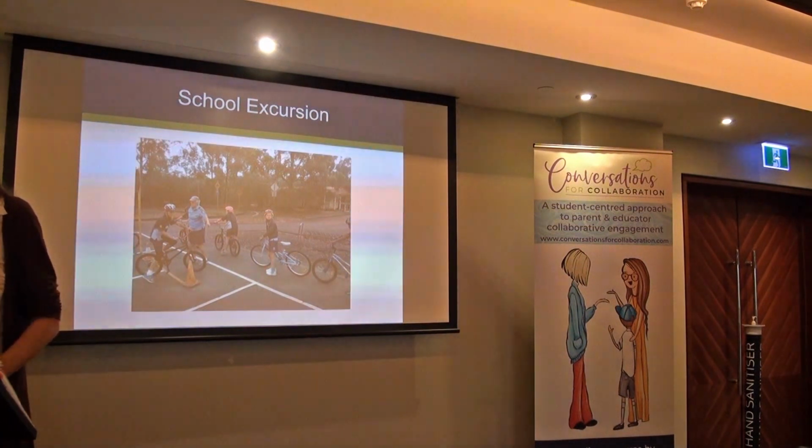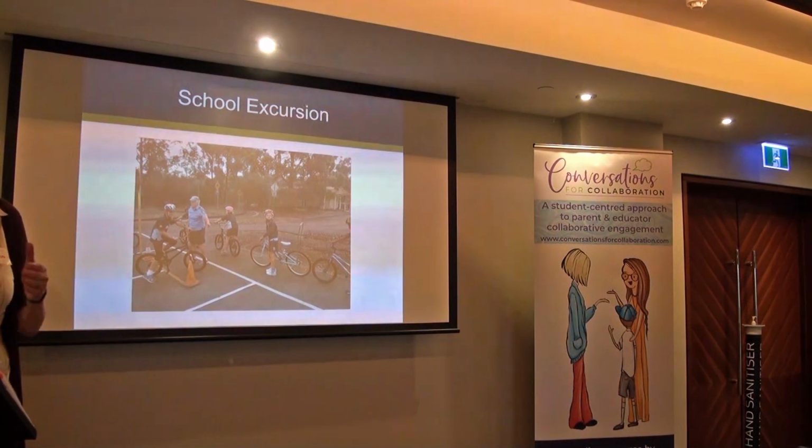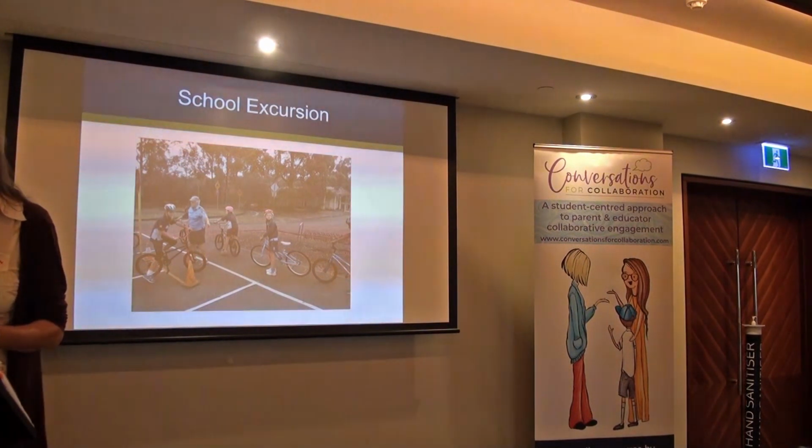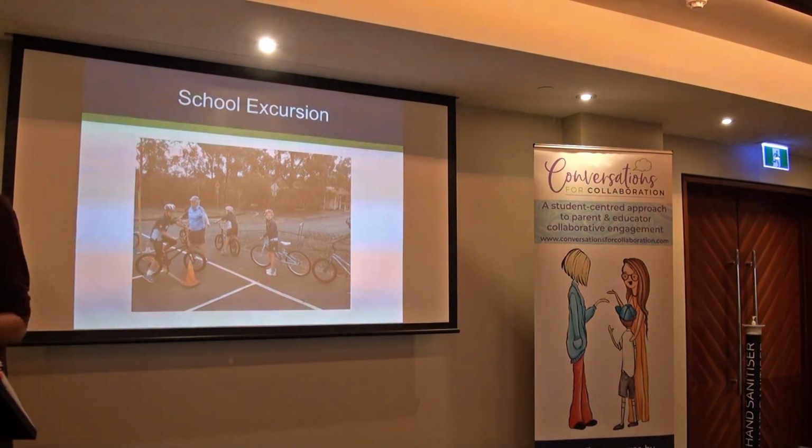So we had to wangle a way that we were able to get her bike over there, so she used her bike and was able to competently participate in the excursion, instead of being put in the non-riding group, even though she could ride, because they couldn't figure out what they could do with her. So again, looking at what the barrier is, how can I get around the barrier?